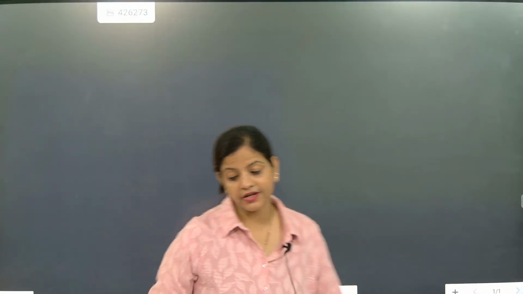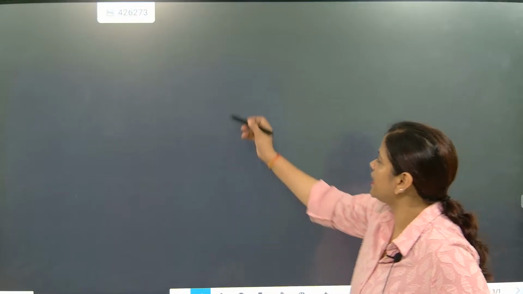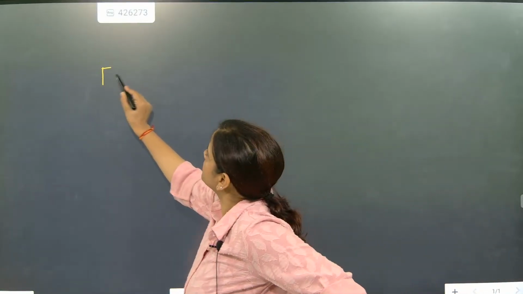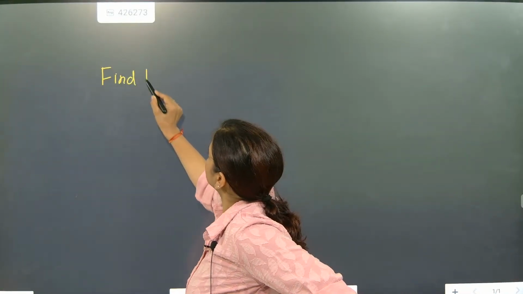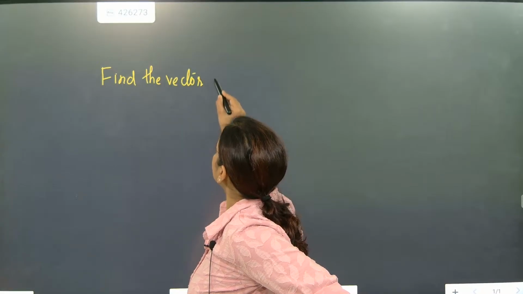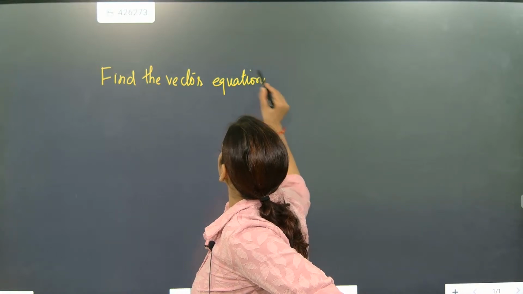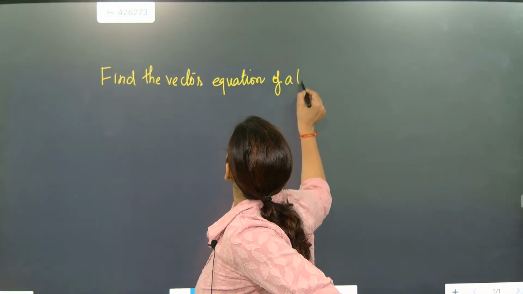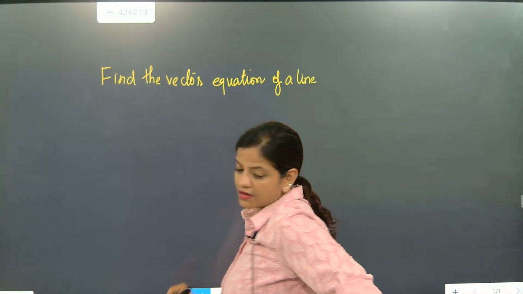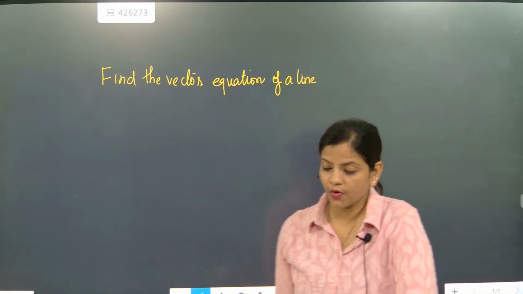The question is a very old question, yet indeed it is a very good question. You must solve this. Find the vector equation of a line passing through a point.